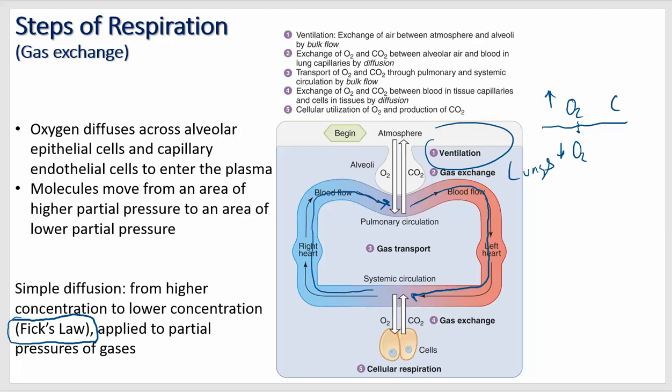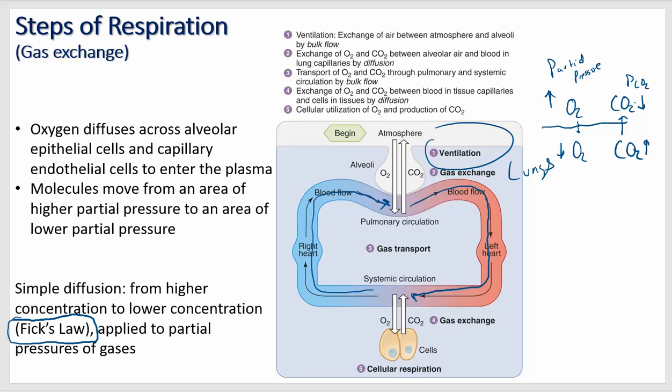But remember, we also have carbon dioxide. So we can't just say it moves from a higher pressure to a lower pressure, because each of these contributes to the overall pressure. So we have to say the partial pressure of oxygen and the partial pressure of carbon dioxide. The partial pressure of carbon dioxide is only going to move based on the concentrations of carbon dioxide, which is low in the lungs and high in the capillaries.